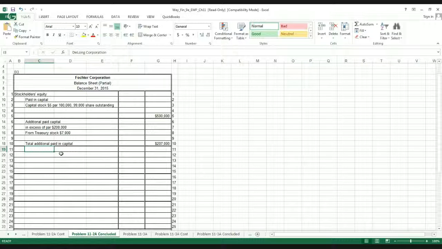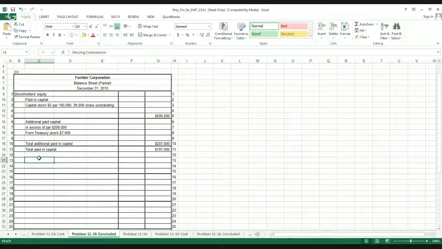We'll put this as the total paid-in capital. So that is what, 707,000. So that's our total paid-in capital. That's everything coming in. Total paid-in capital, we've got 707,000.